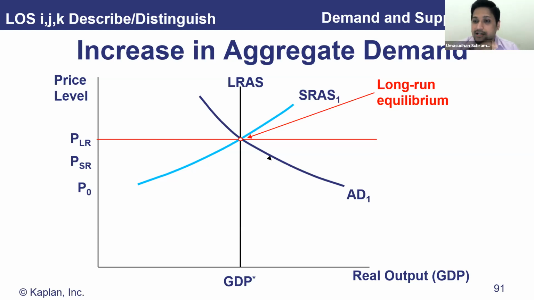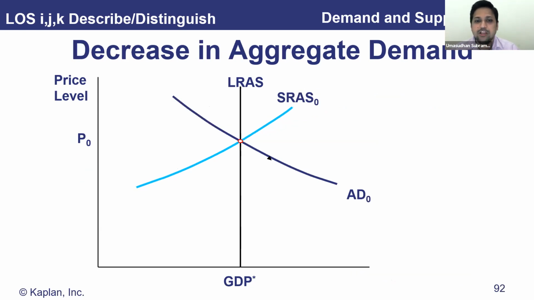Then your aggregate demand increases will also increase your long-run aggregate supply. You should understand that. But here we are assuming that none of them are increasing. That is why we talk about a disequilibrium, and then the disequilibrium is brought back to equilibrium again.